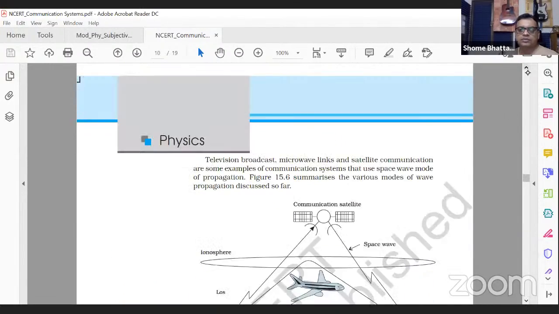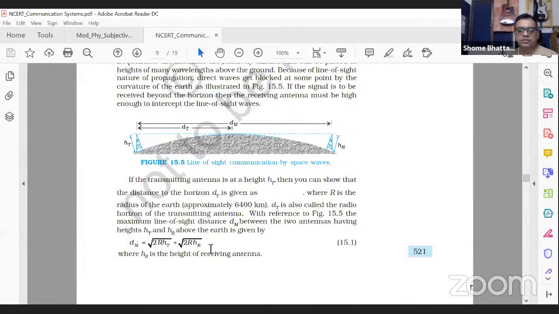So they've given you the formula of that tangent thing, and where it comes from, I'll show you. Imagine this is the surface of the Earth. Now if your transmitter tower is at a height h, then the maximum range it will cover, you need to draw a tangent from here.